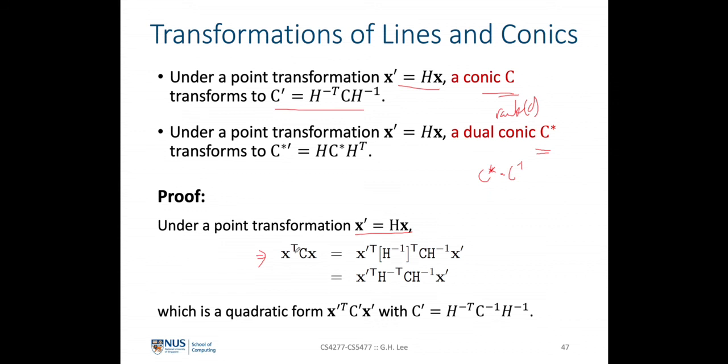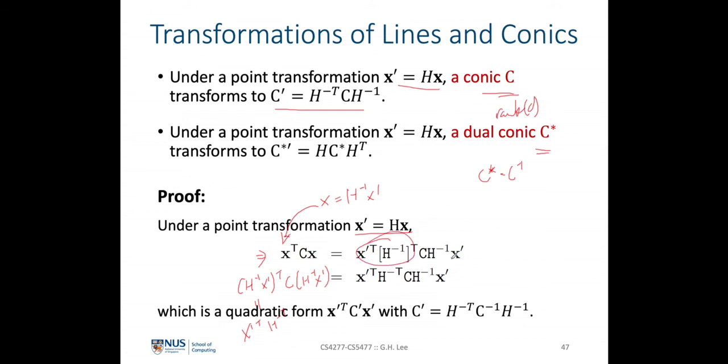What this means is that I'm substituting x with the inverse of H multiplied by x prime into this equation. Hence I get H inverse x prime transpose C H inverse x prime, which is given here. And the transpose of this term would be simply x prime transpose multiplied by H inverse transpose, which is given by this term over here.